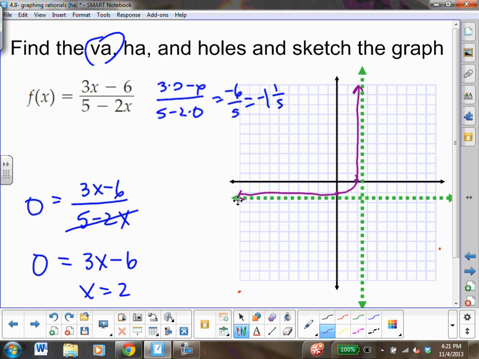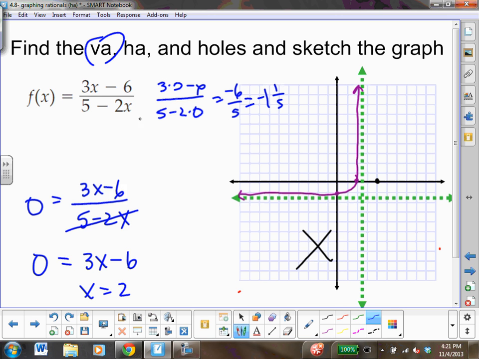And now to test the other part, I need to pick a point in the other section. Since this is a function, I know I will not have any portion of the graph be down here. So I'll test an x value, how about 1, 2, 3, 4, x equals 4. That'll tell me where my function is going to lie.